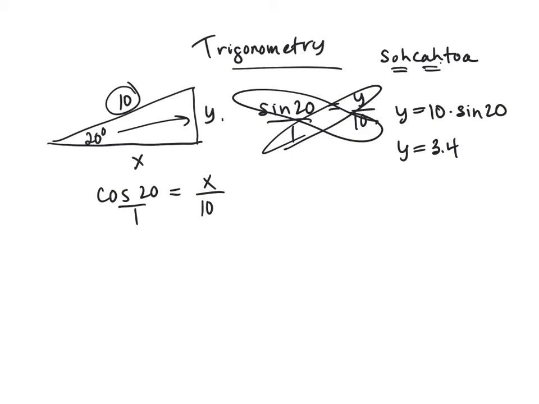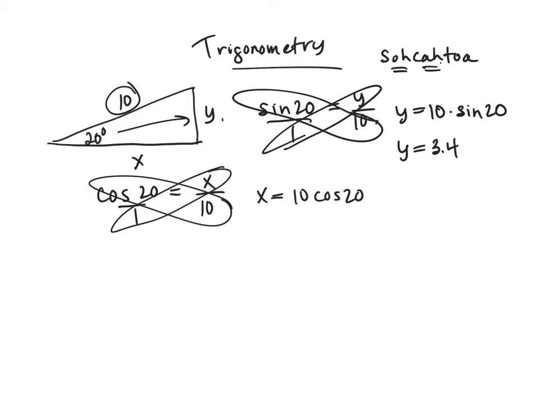And just like sine of 20, cosine of 20 is just a decimal. So I'm going to cross multiply. X times 1 is x. 10 times cosine 20 is 10 cosine 20. And I'll punch that in my calculator, making sure it's in degrees, not radians. 10 times the cosine of 20, rounding to the 10th, is about 9.4.